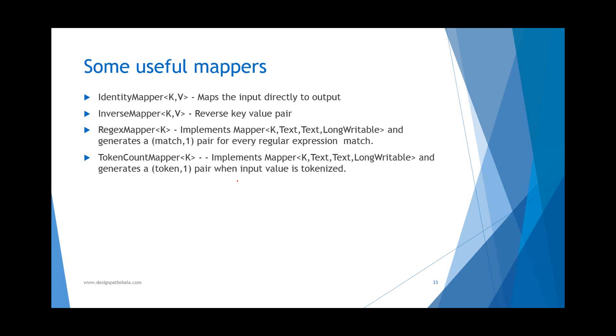The key will become the value, and the value will become your key. Then there's the regex mapper. Based on the regex expression which you have defined, it will produce the match and the corresponding count in your value. And similarly, the token count mapper. There are a few of these useful mappers which you can directly use, but you will definitely write your own mappers based on the logic you want to implement.